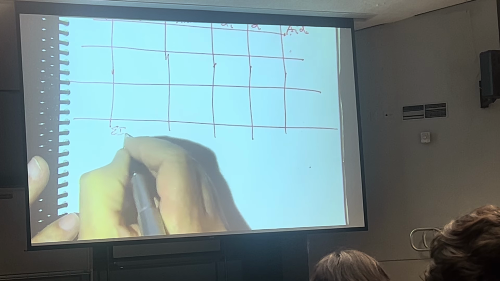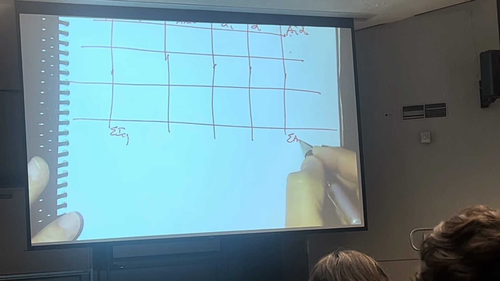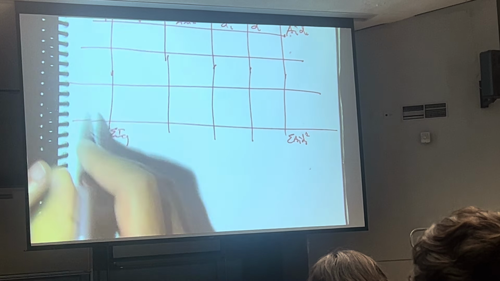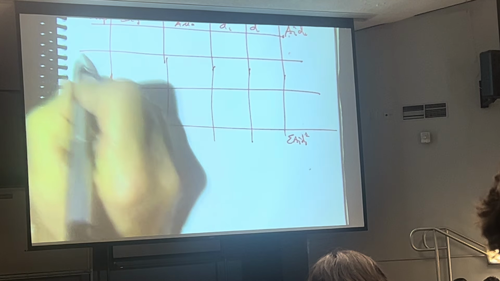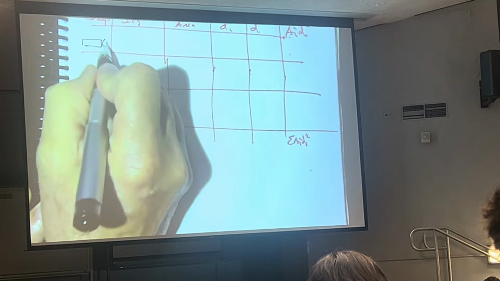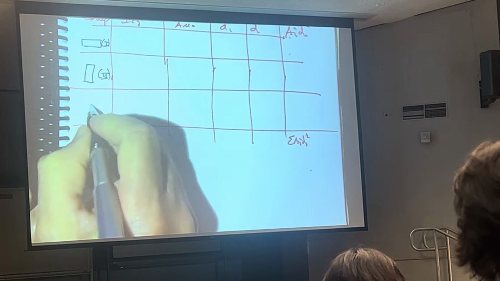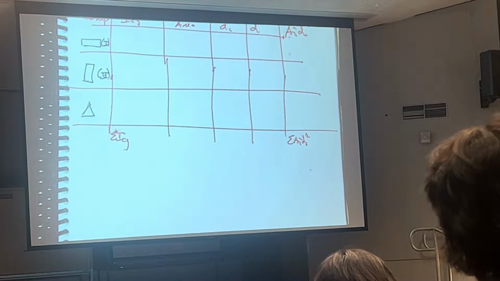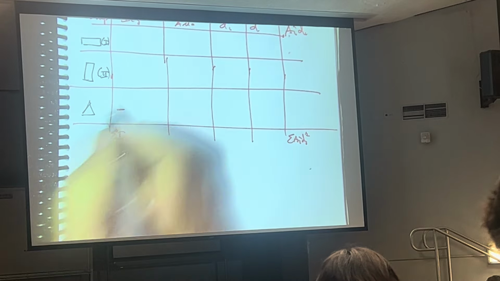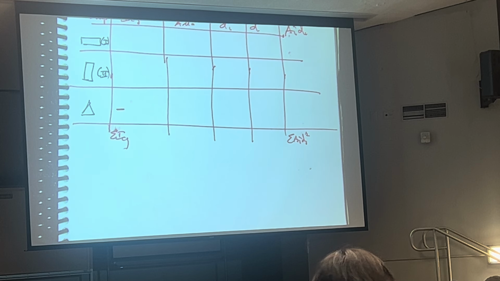I'm going to sum this column, and this column. The components are rectangle 1, rectangle 2, the vertical, and then a triangle, which I know is a cutout, negative. Negate, negate, negate, negate.